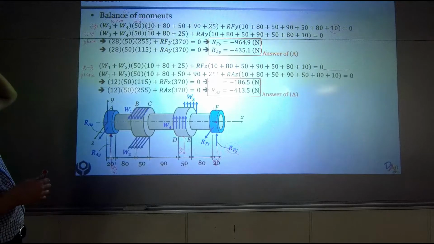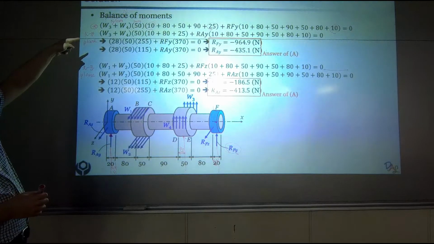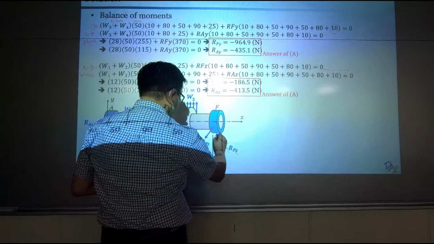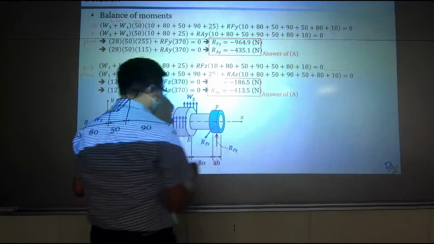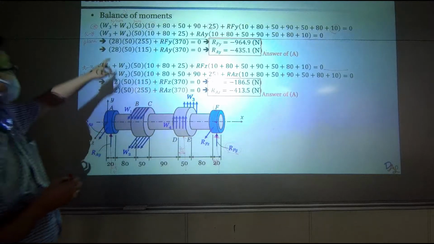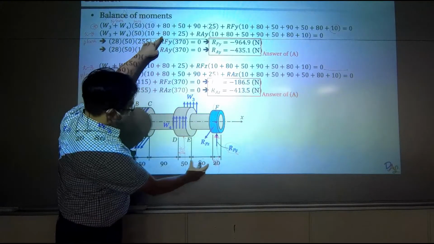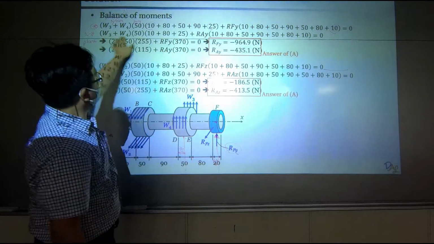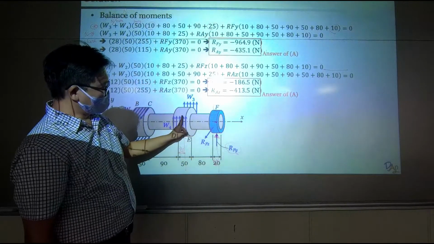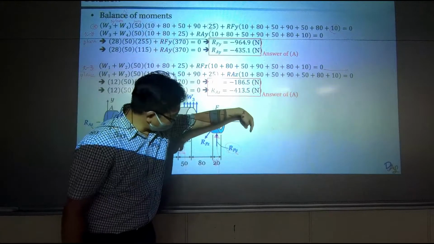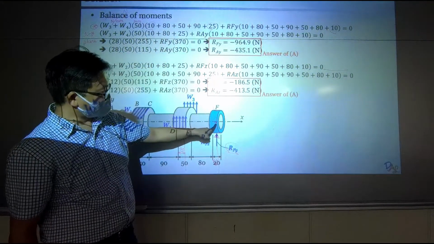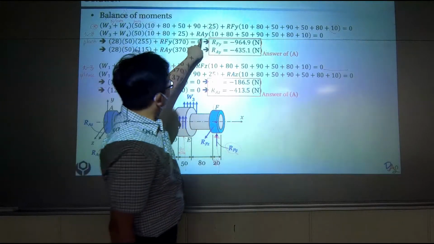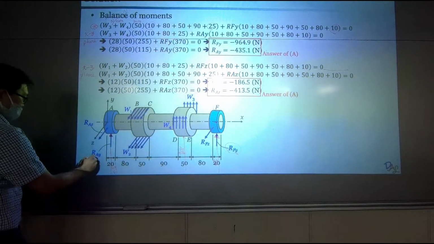Similarly, for the second equation, I think I'm choosing this position as the center. So over here, I'm using 10 plus 80 plus 25 as the distance. This is computing the clockwise moment about the center F. And over here, we have RAY, this guy.